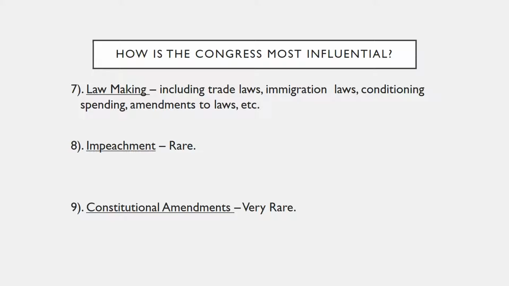These are powers of Congress they exercise frequently in order to sway policies in general, but particularly in this case foreign policy, in order to get their way, in order to set the agenda, in order to show their disagreements with particular administrations. We mentioned impeachment.